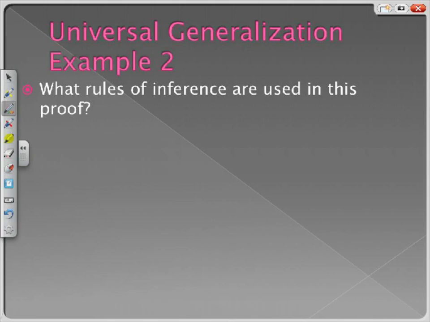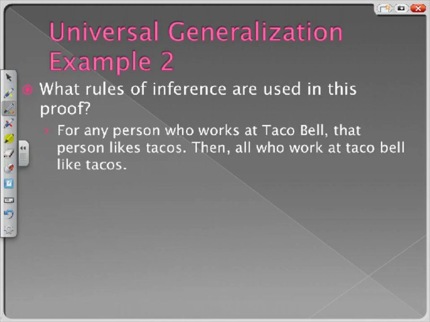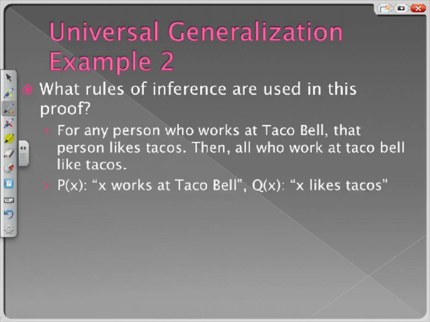In our second example, we want to ask what rules of inference are used in the following proof. For any person who works at Taco Bell, that person likes tacos. Then all who work at Taco Bell like tacos.